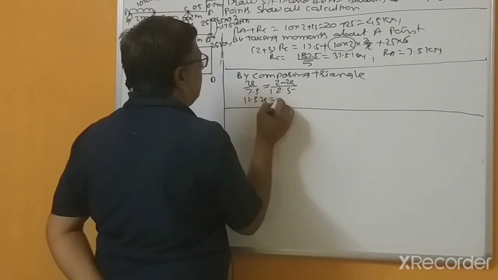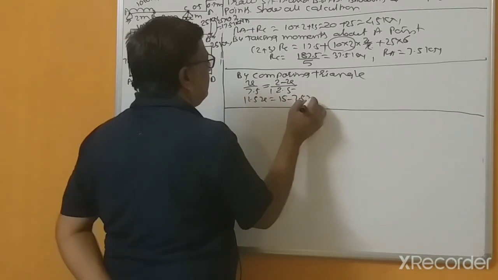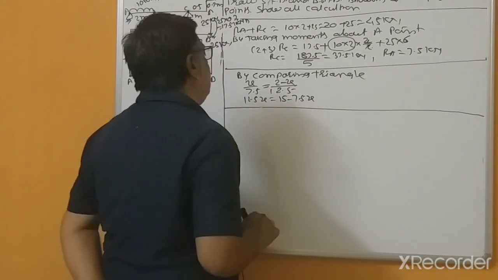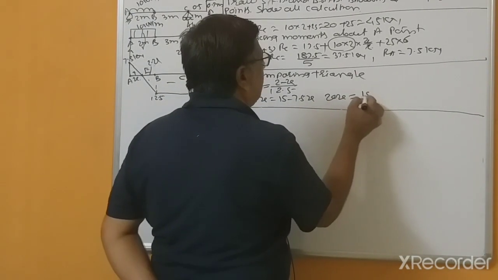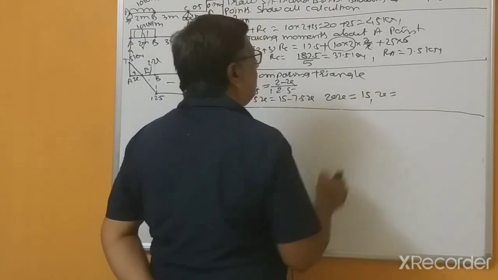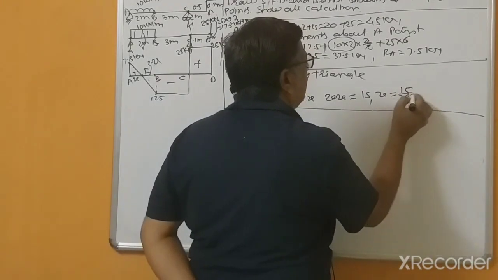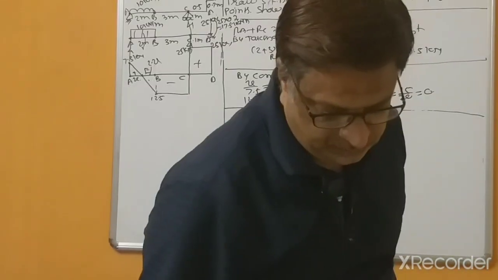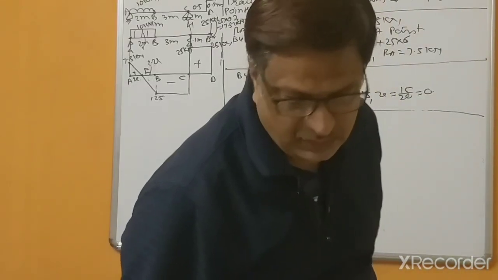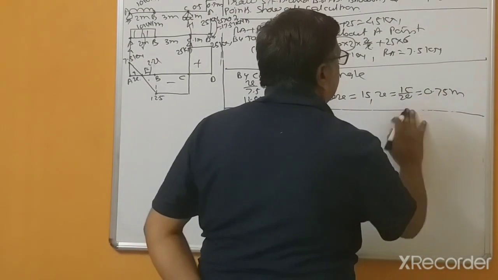So 12.5x equals 15 minus 7.5x, so 20x equals 15, or x equals 15 divided by 20, which is 0.75 meter.